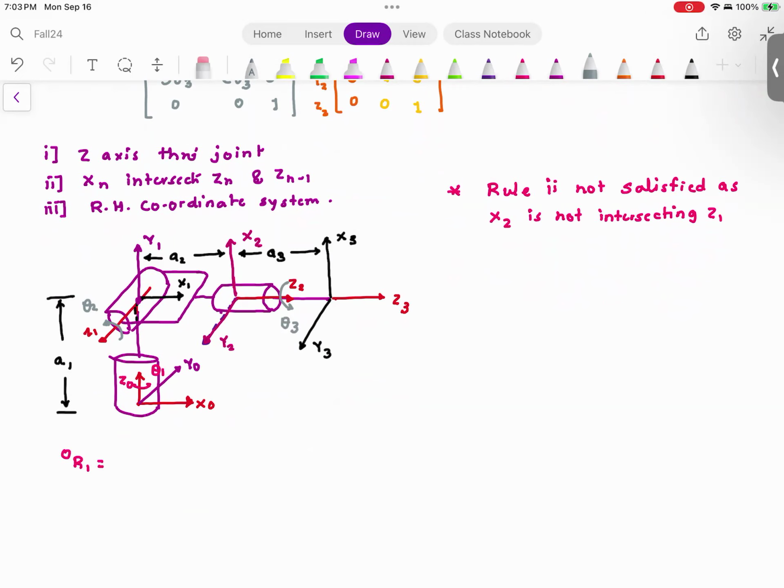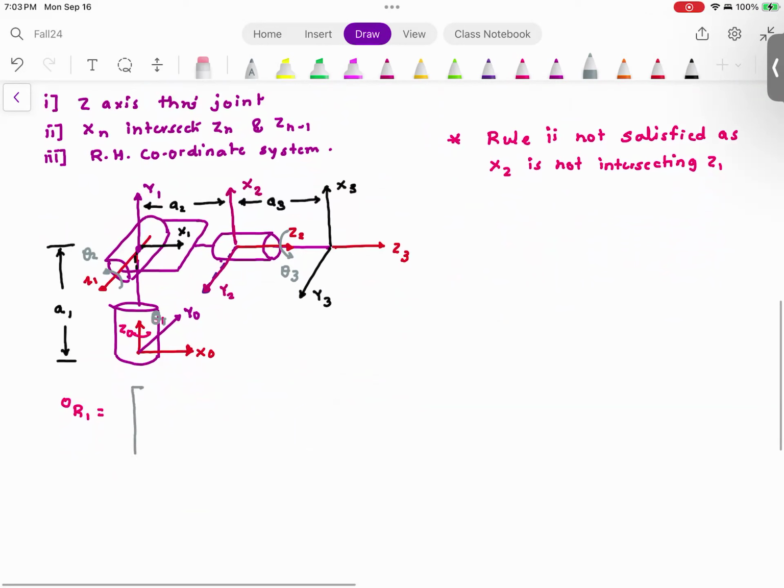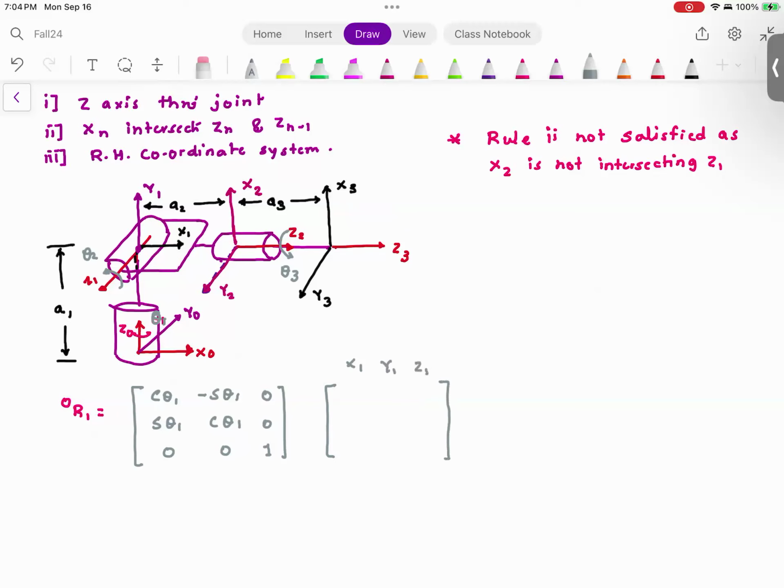So this is theta 1, theta 2, and theta 3. 0R1 is going to be cosine theta 1, minus sine theta 1, sine theta 1, cosine theta 1, 0, 0, 0, 0, 1, multiplied by the projection matrix, which is x1, y1, z1, x0, y0, z0.